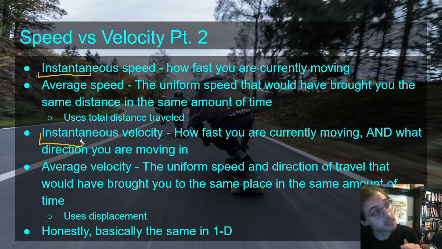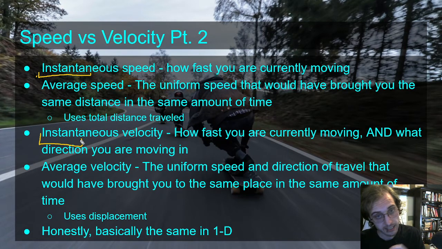Instantaneous velocity is saying if nothing changes, you'll go in this direction at this speed. And this is what you are doing right now, such that if nothing changed, you would go from here to here in a second. Slightly different because it's not just how fast you're moving, it's also saying what direction you're going in, and that introduces the line part of it.